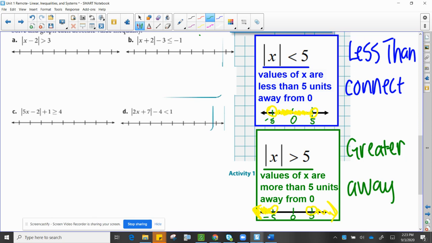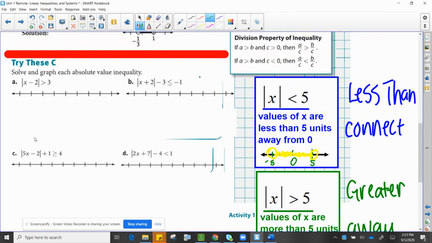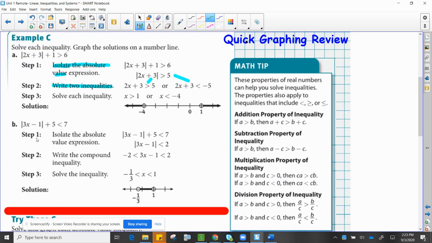So you're either going to connect your two numbers or you're going to shade away. If I compare this to the problems that your book did for us, this one has a greater than symbol, and you can see that they're shading away from each other. Problem B has a less than symbol, so as you can see, they're shading by connecting those lines.